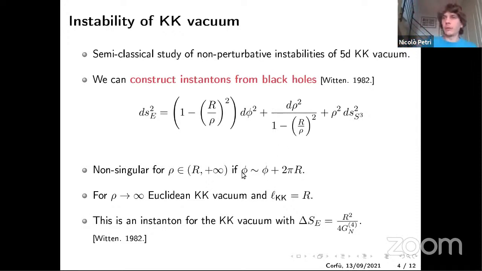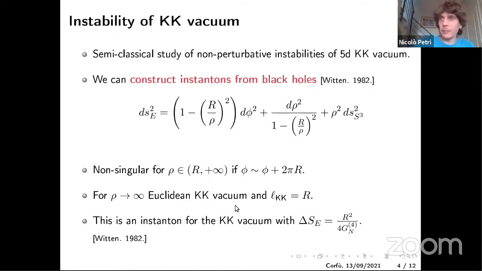In this way, we produce a completely smooth solution in this interval, and a solution that asymptotically reproduces the putative vacuum we are considering, the KK vacuum. So with a very intuitive calculation, what we then did was derive the Euclidean action for this particular background, and it showed that it is basically finite.